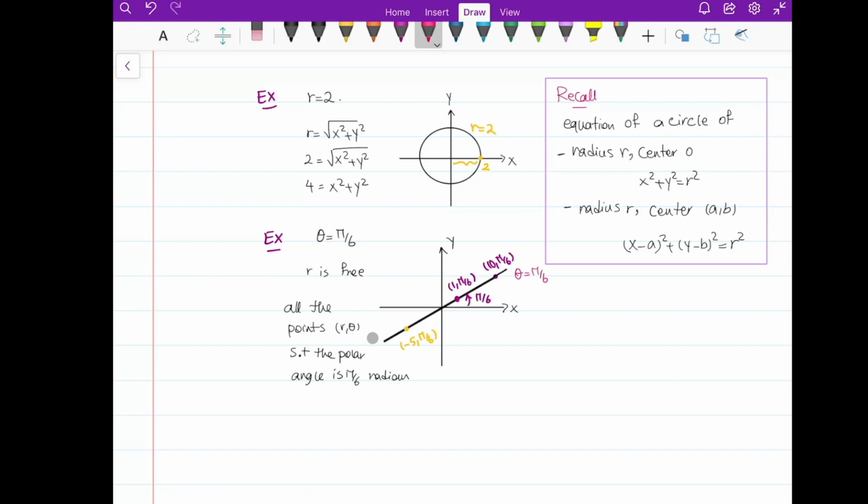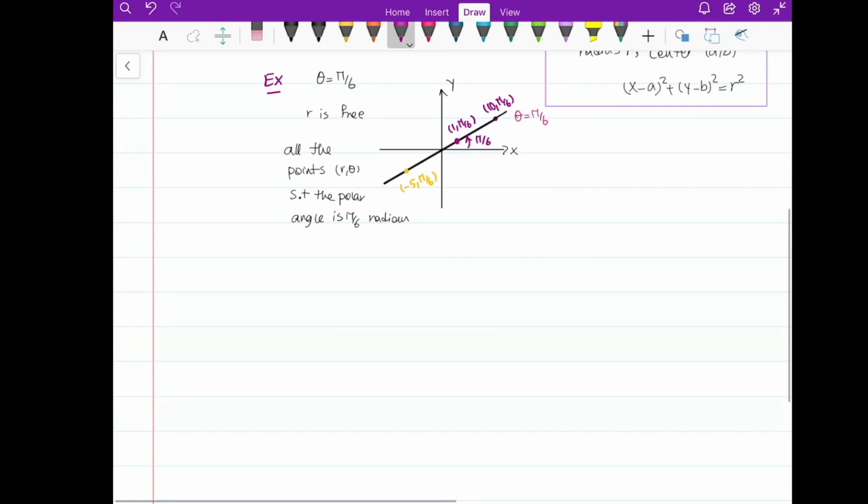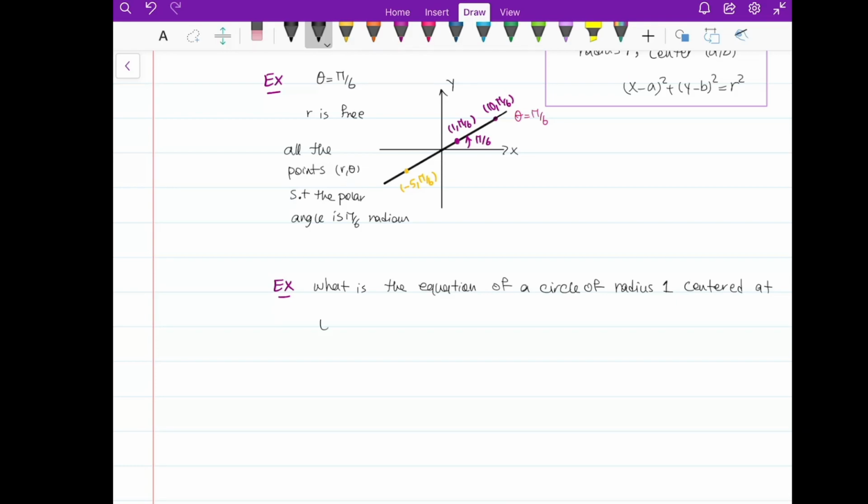Okay, let me give you another example. What is the equation of a circle of radius 1, center at 1 and 0, in polar coordinates?